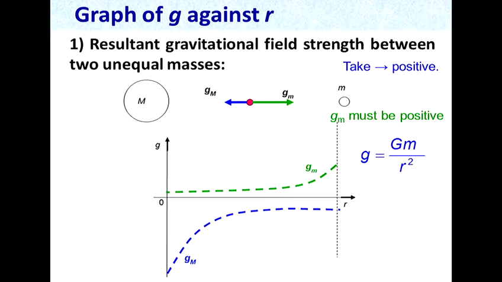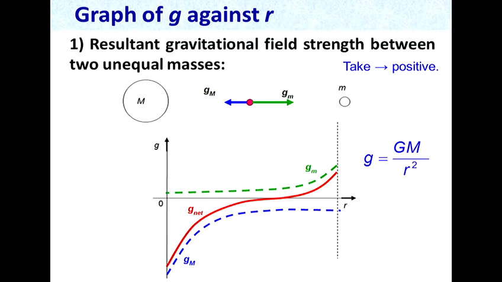So a negative plus a slightly positive value, you get a slightly less negative value. Over at the other side, on the right-hand side, is a slightly negative blue value plus a positive green value, you get a slightly less positive value. So if you join up the two graphs, this is the resultant.